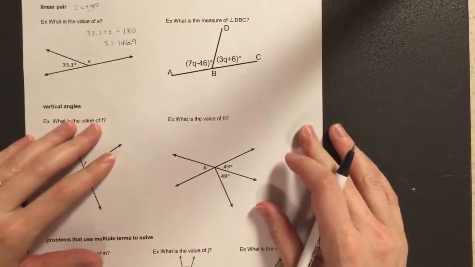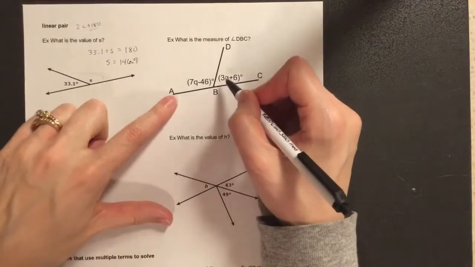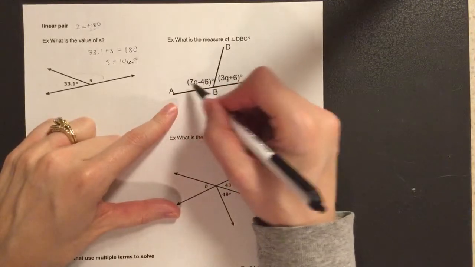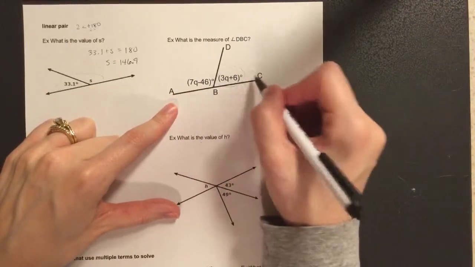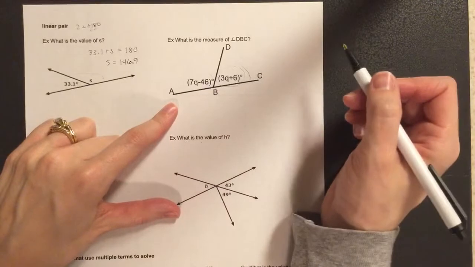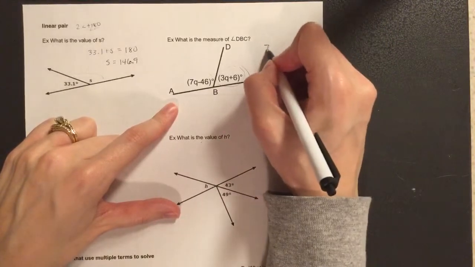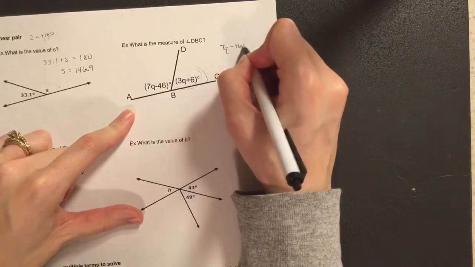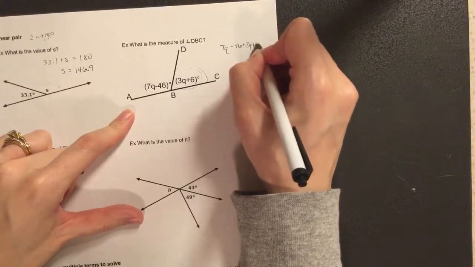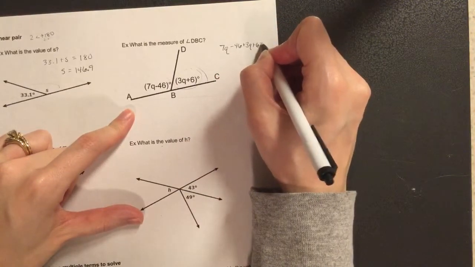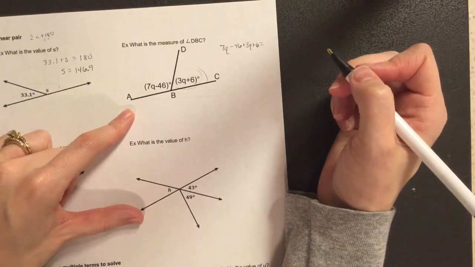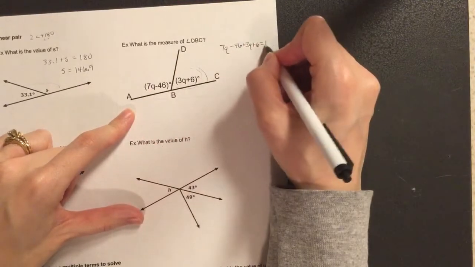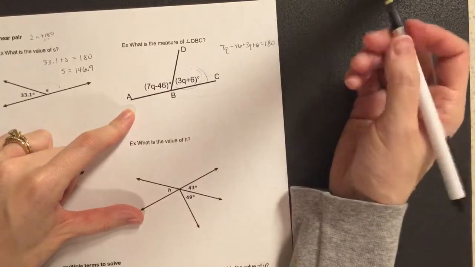Okay. They can also get a little busier like this one does, but then again it's just that part plus part is equal to total. The total is a whole line, so it's 180. So 7q minus 46 plus 3q plus 6 is going to be equal to, well, it's a whole line, so a whole line is 180 degrees.